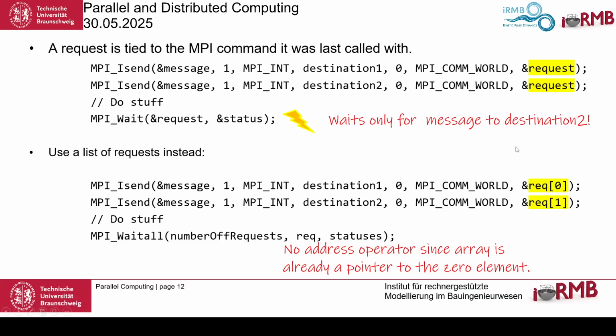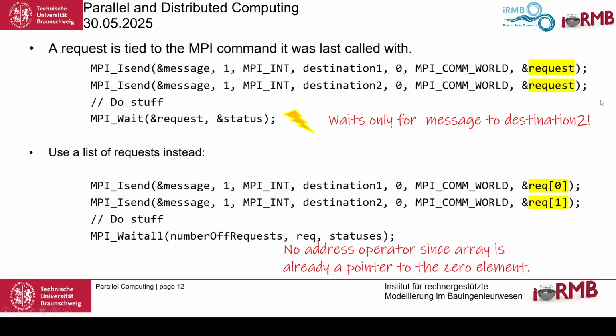And with waiting, you can make a lot of mistakes. So, for example, if you do two asynchronous sends, and then you think you are clever and you're recycling your request. You don't want to have your own request for all the different sends.